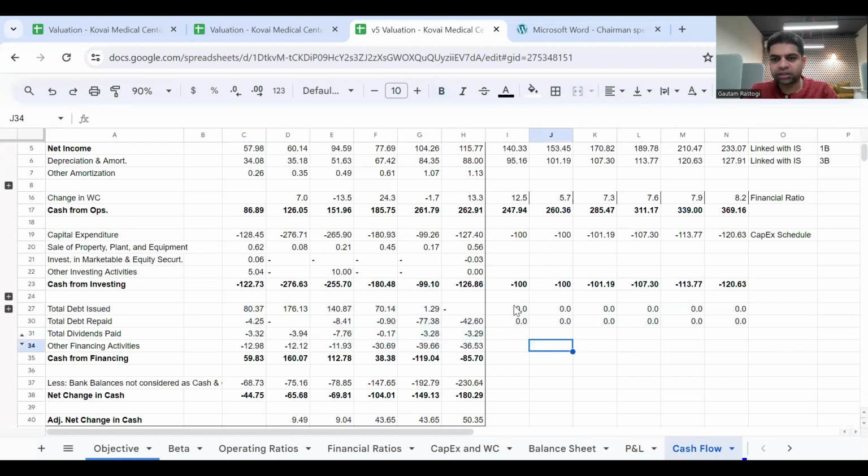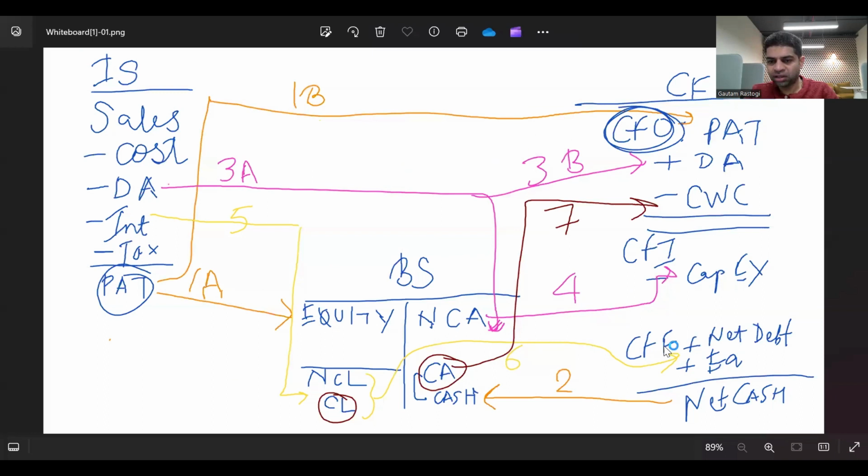So here, if you remember, if we go to the whiteboard, this linkage is 6. Because any debt, either you are issuing it or repaying it, needs to be linked to the balance sheet. That's what we just did. So this is label 6.